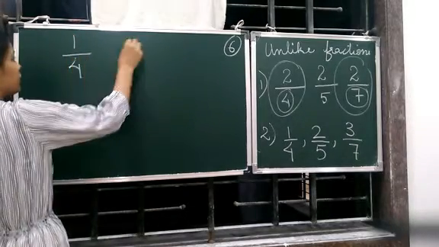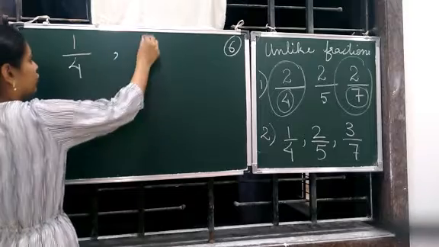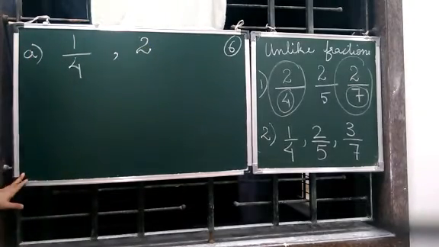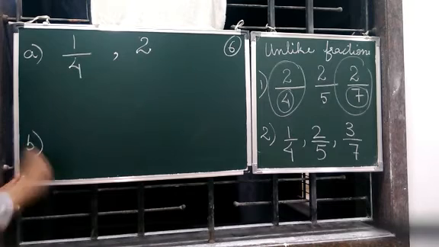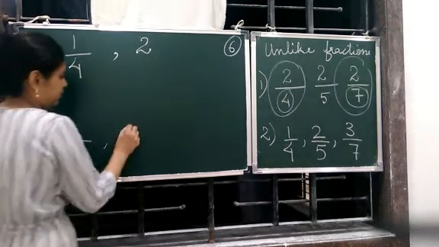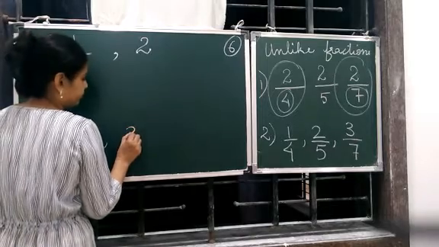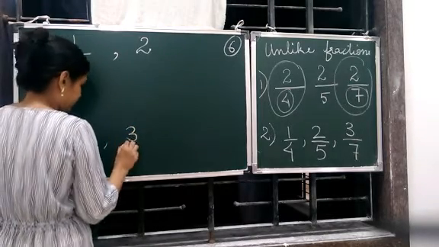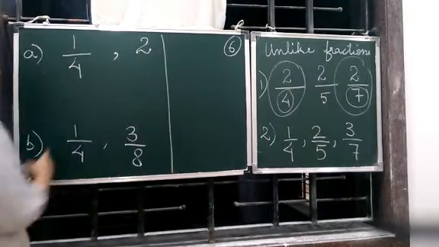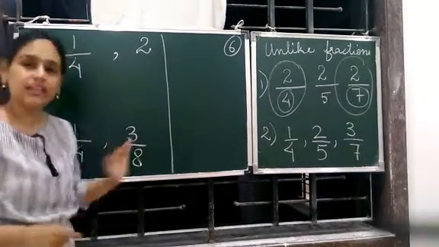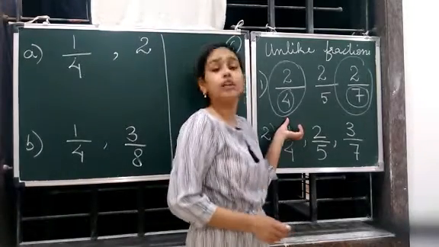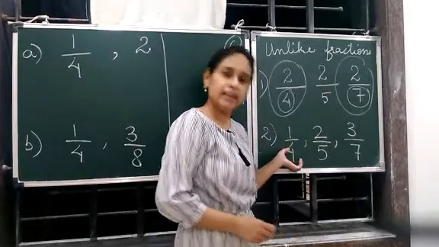Suppose this is the example. You have to compare this. Okay, then you have to compare this. So you can get such types of examples, different types of examples, when neither the numerators are the same nor the denominators are the same.